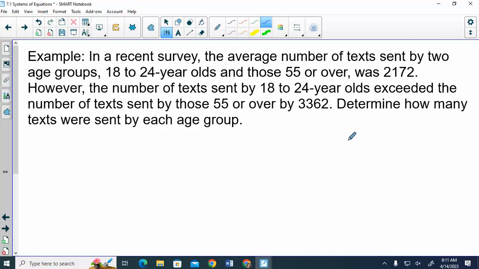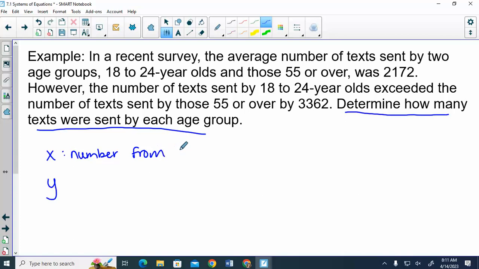So what am I trying to find? How many texts each age group? Right. You look at the question. We have how many texts by each age group. So those are my variables. The number for each age group. So x could be the number from the 18 to 24-year-olds.